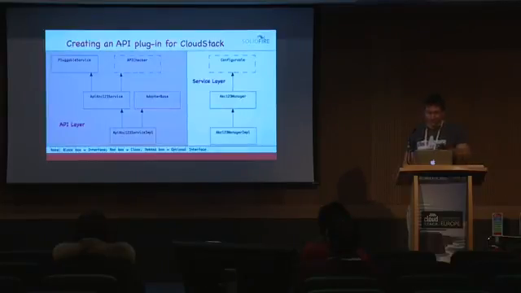So let's see. Another pretty diagram here. Off to the left, this is what we actually see from CloudStack's point of view as to how you implement the API layer for an API plugin. If we start at the bottom, we have the API ABC123 Service Impl class.